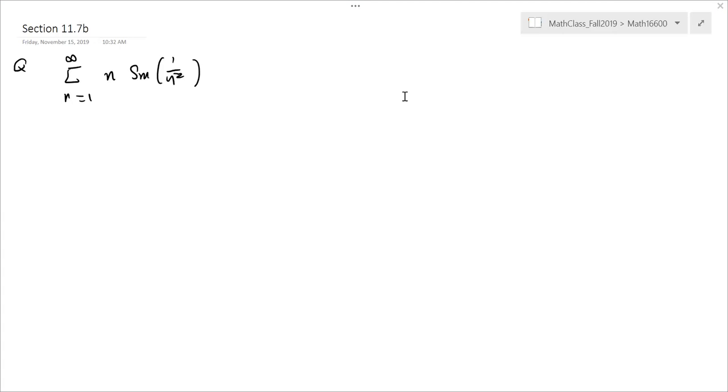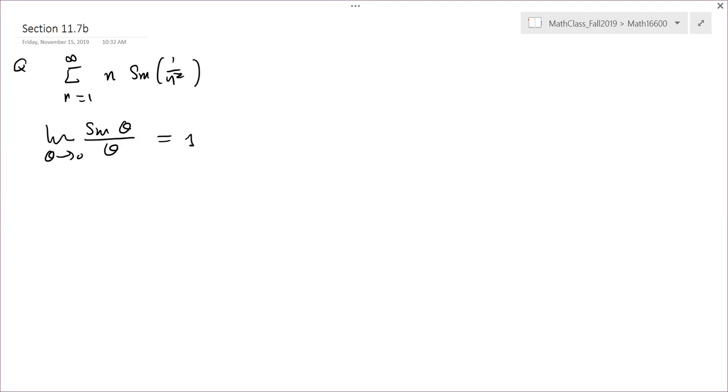All right. When you see sine 1 over n squared, you should recall this fact.